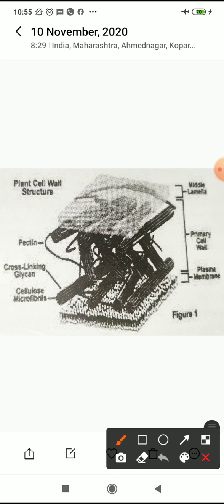Here cellulose constitutes bulk of material of cell walls.